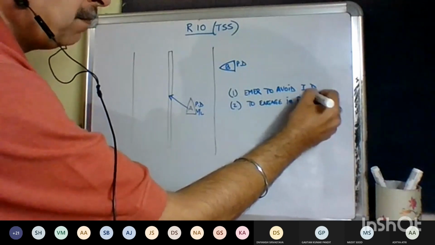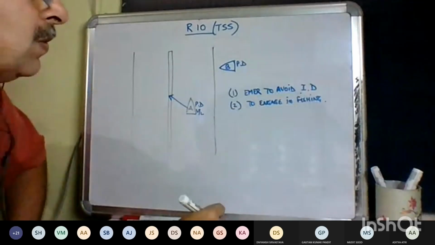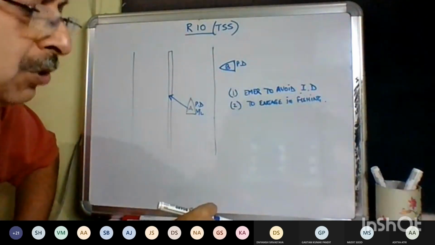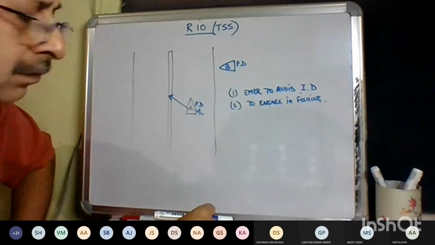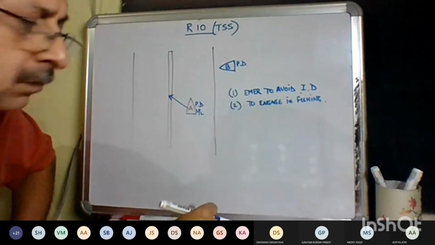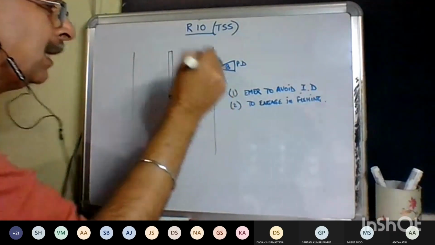So obviously point number 2 मेरे को apply नहीं करता है. तो question is, am I in immediate danger? That's the question. And therefore, if that be the case, so can I just go like this also?